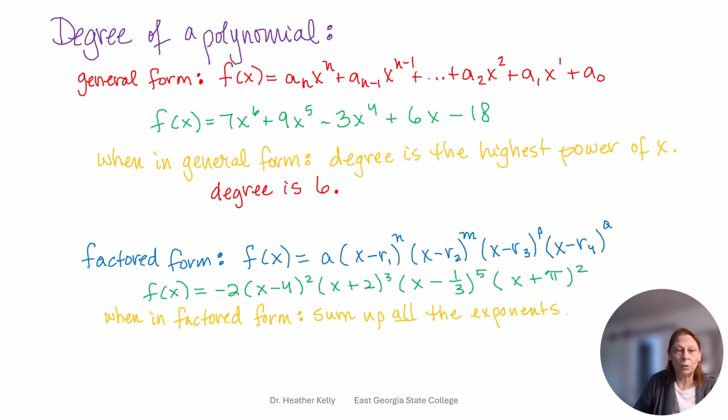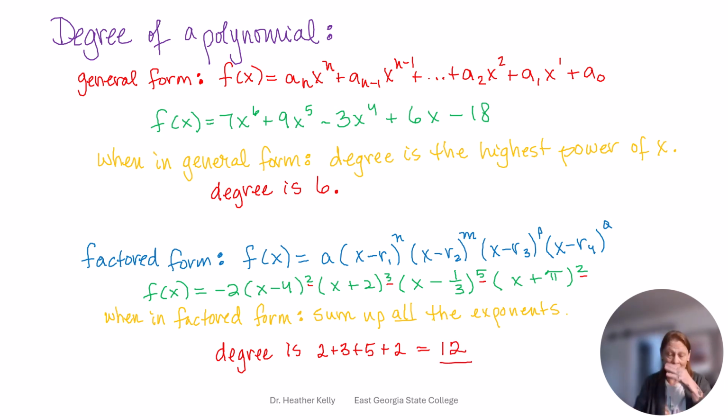So in this particular case here, we have 2 plus 3 plus 5 plus 2. So 5 and 5 is 10, so degree 12.